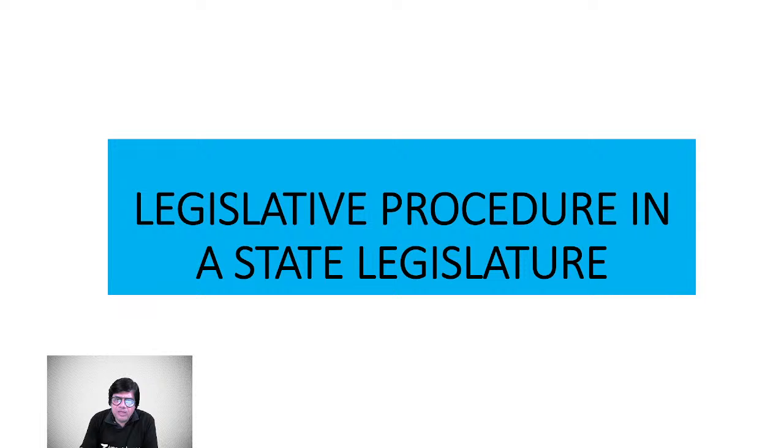And it can also make laws on subjects given in the concurrent list. And in case of a conflict between a union law and a state law on the same subject, the union law prevails to the extent of contravention or to the extent of that conflict.